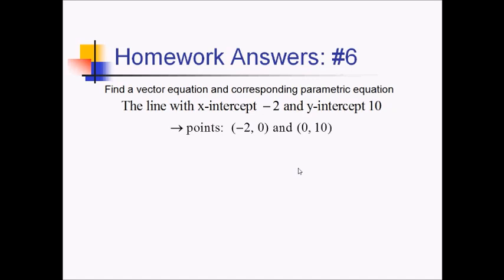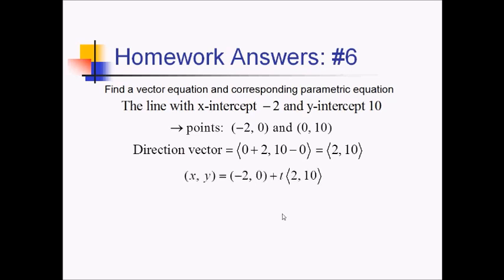We need the component form for that. So that's 0 minus -2, or plus 2, and 10 minus 0. So (2, 10). For the vector equation, we've got the initial point, (-2, 0), plus t times our direction vector.